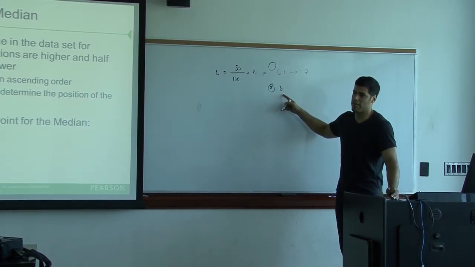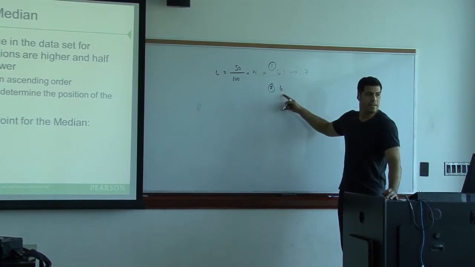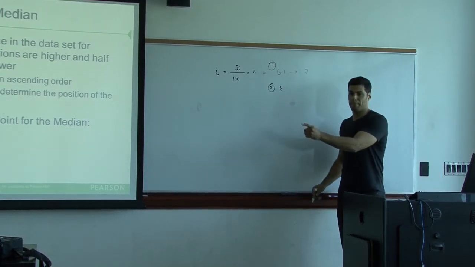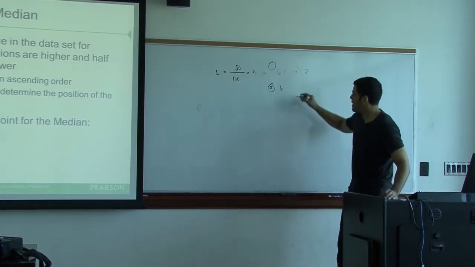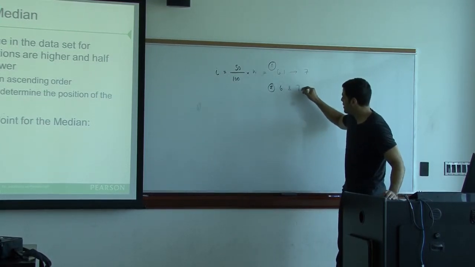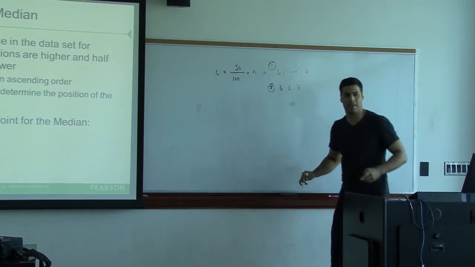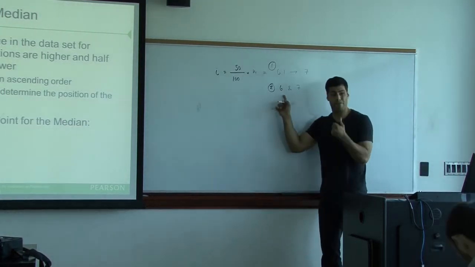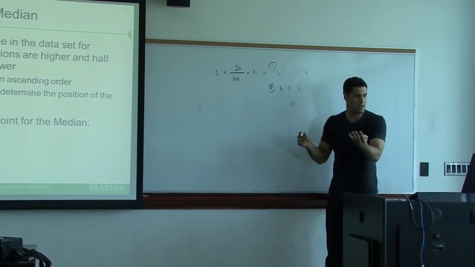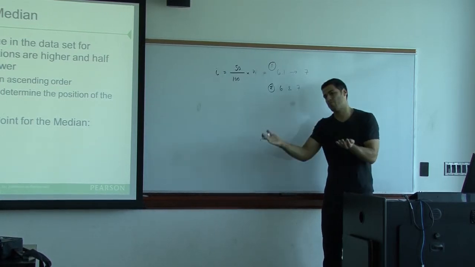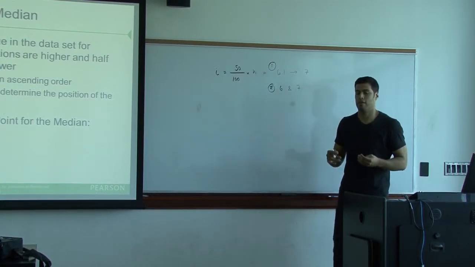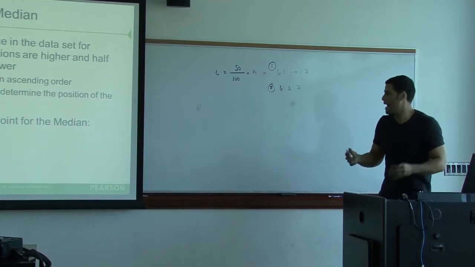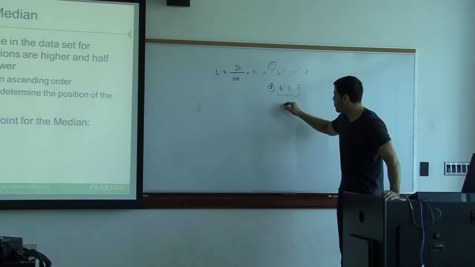If you get a whole number, what you need to do is find the 6th value, but then you also need to find the next one up. That's what Alex was saying. If you get a whole number as your index point, you have to find that value, the 6th one, but then you also need to find the next one in the list, which is the 7th in this case. And you compute the midpoint of these two.